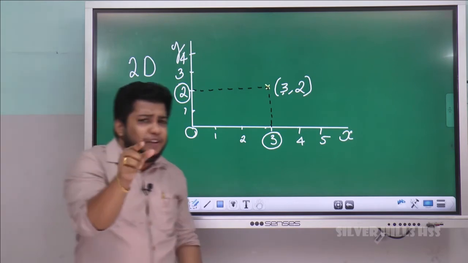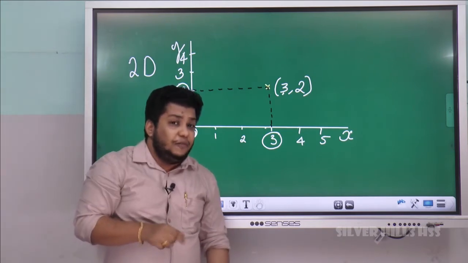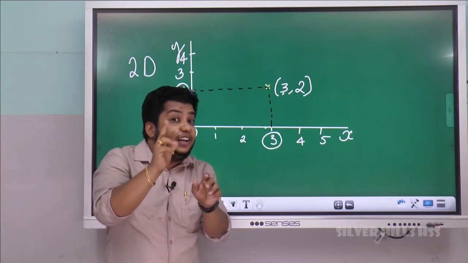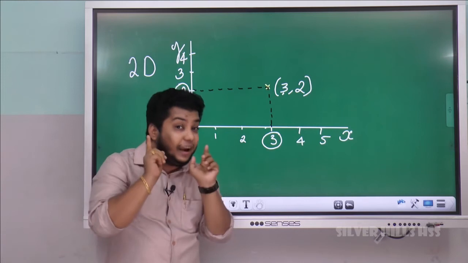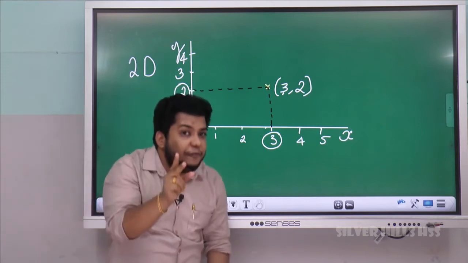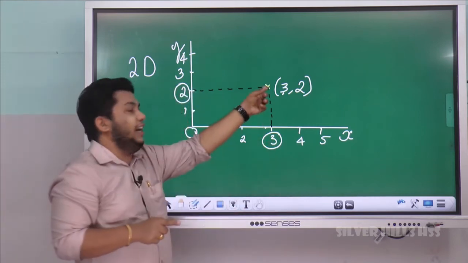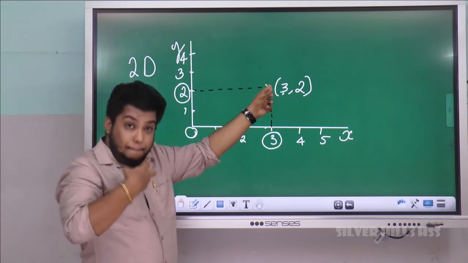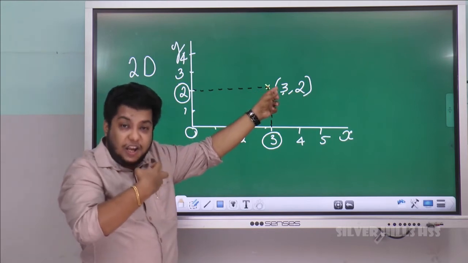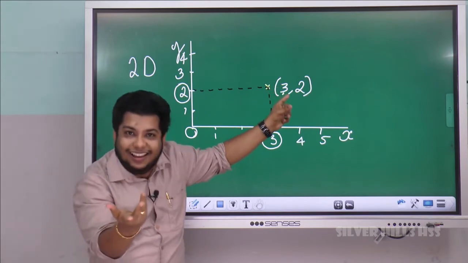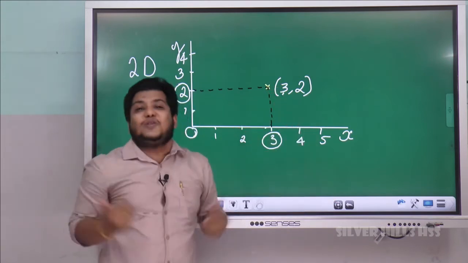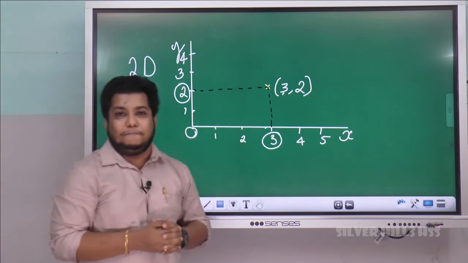So to specify the position, we used two different coordinates, x as well as y. I'm again repeating my words. To specify the position of our object, we used two different coordinates: the x coordinate as well as the y coordinate.